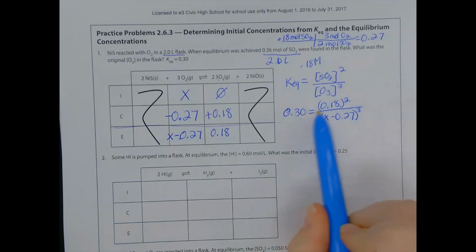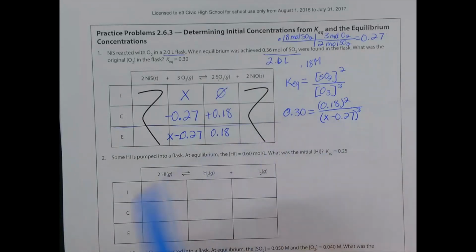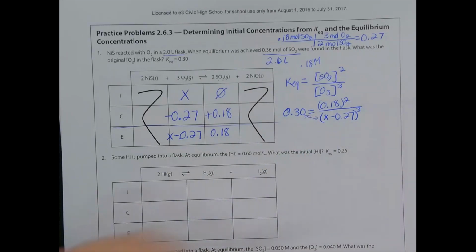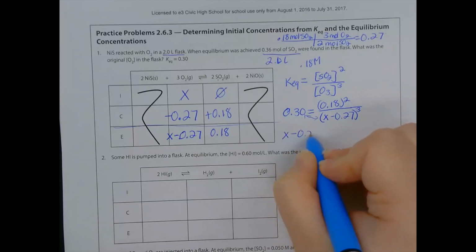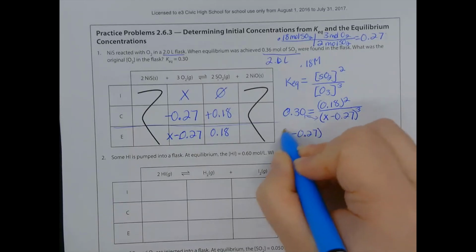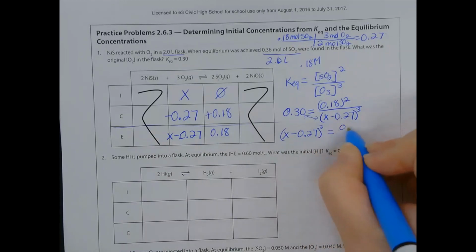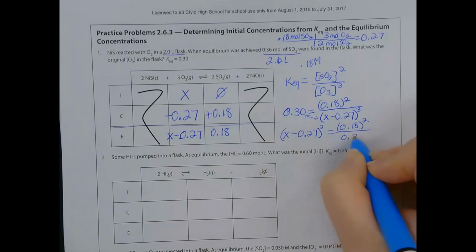So we are going to simplify this a little bit. First thing I would do, just like in our last problem, I would go ahead and switch these two values. Okay, so get your X on the other side. X minus 0.27, still cubed, equals 0.18 squared over 0.30.